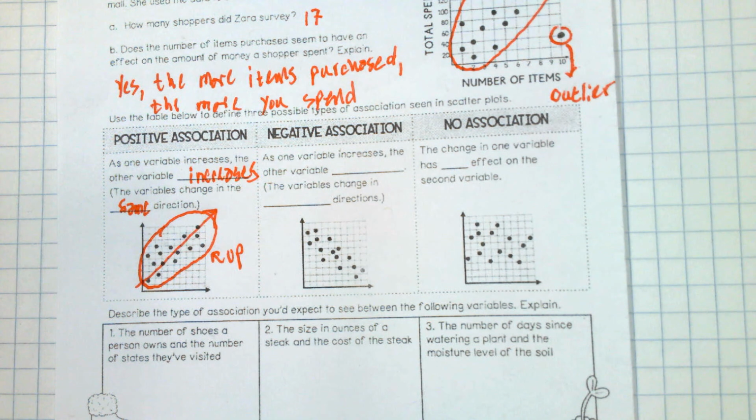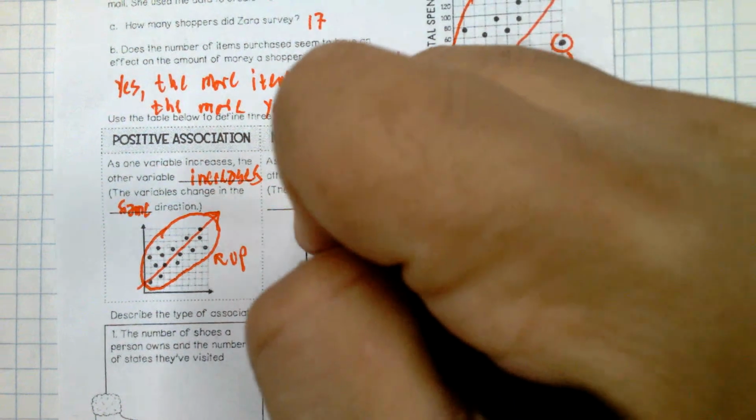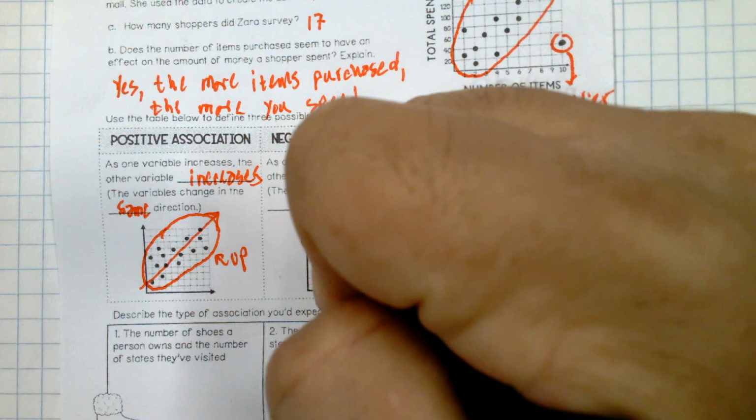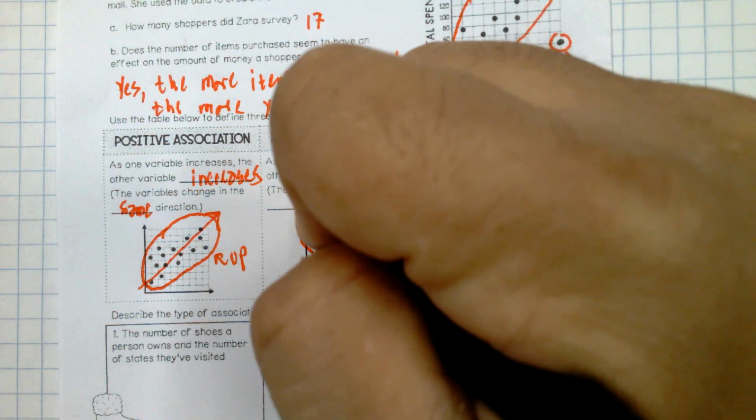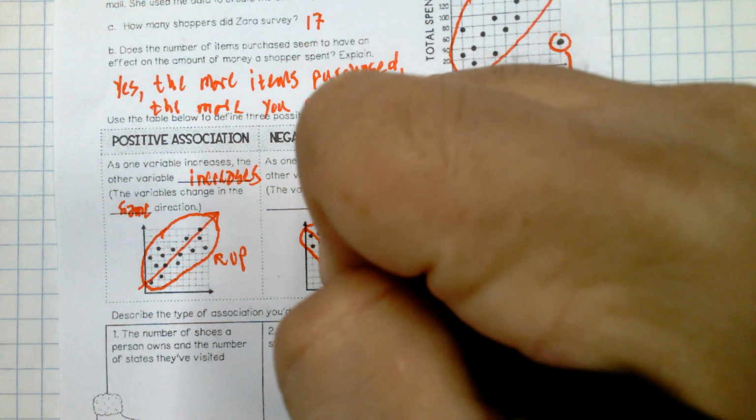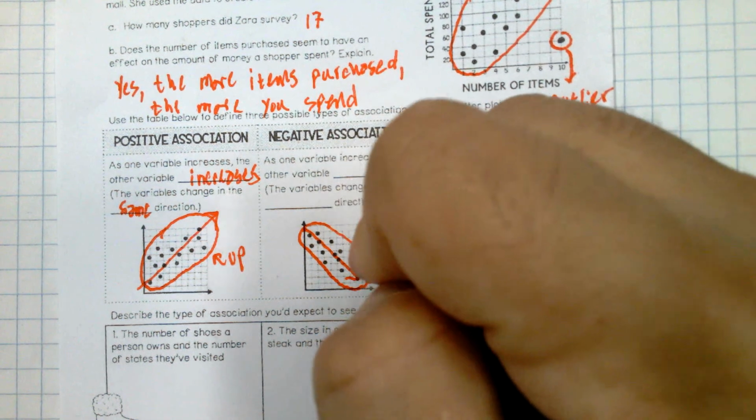All right. We can have a negative association. So let's look at a negative association. A negative association doesn't go upwards, it goes downwards. Do you see that? This one goes down.